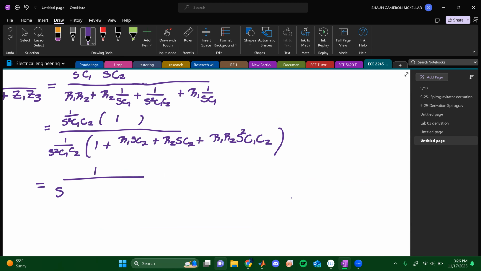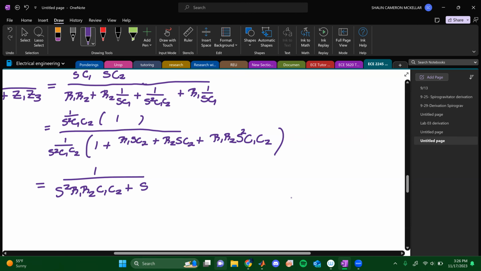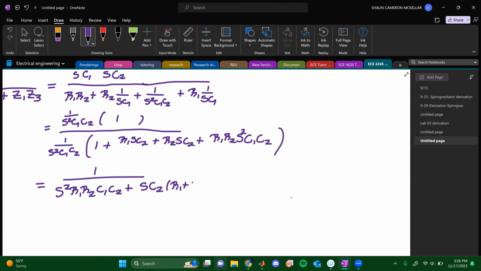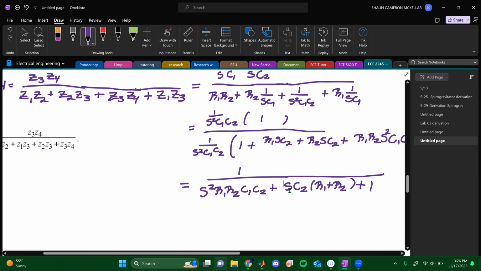It's 1 over s squared r1 r2 c1 c2 plus s times c2 times (r1 plus r2) plus 1. So this is our final function. And now it's extra clear that we have a quadratic in the denominator. And this is something that we kind of know how to solve. So this is my term for h.